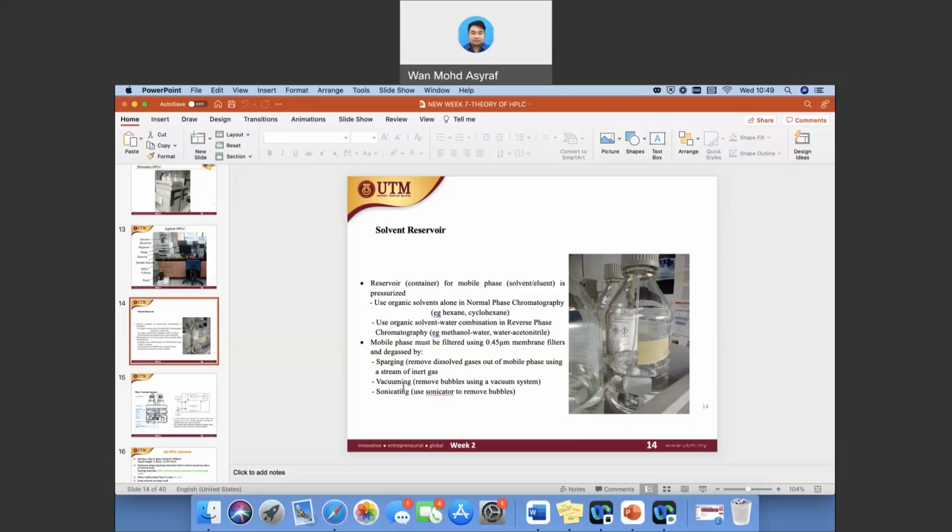Vacuuming also removes bubbles using a vacuum system, and a sonicator also removes the dissolved bubbles inside your mobile phase. So you can see the importance of it being very, very clean. It needs to be free from any dissolved gases and any solid material.